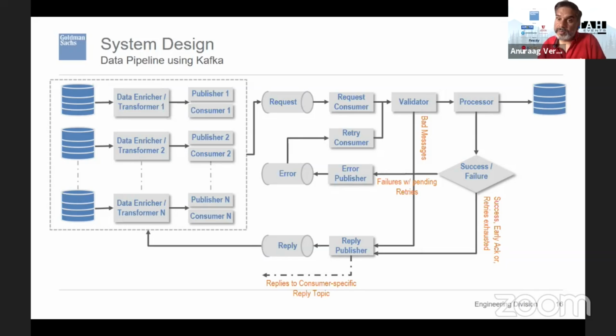People were okay to use a single reply topic, but we still created a generic implementation with a futuristic view in mind: if tomorrow we get a use case where a consumer says, I'm not comfortable dealing with a single reply topic where I'm co-located with every other tenant, they can set up their own consumer-specific reply topic, and we will additionally publish their replies on that topic as well.